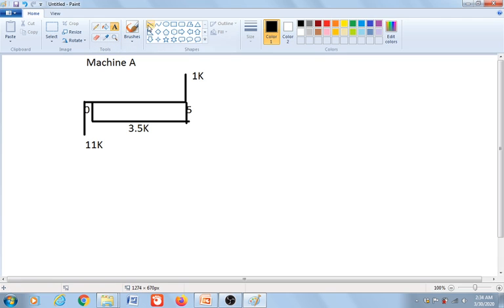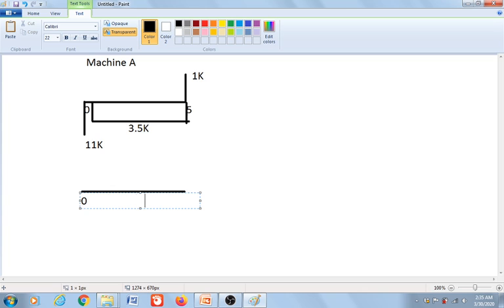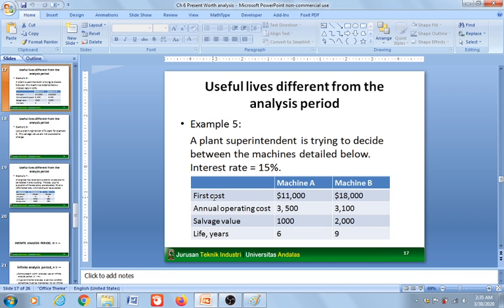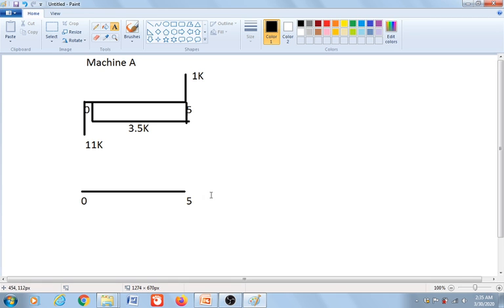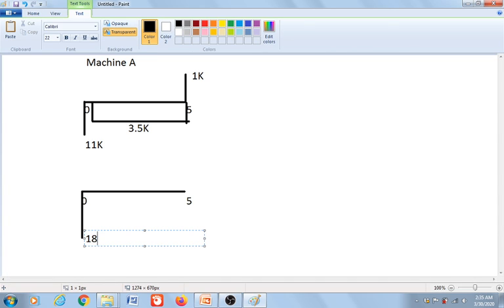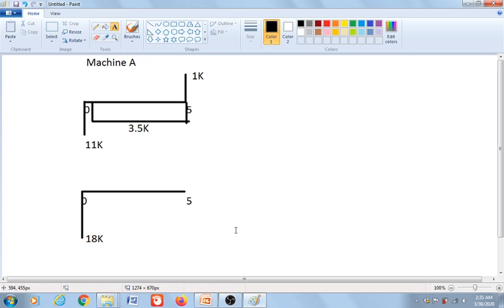So for machine B, we will have year 0 till year 5. And for machine B, the first cost is 18k. So this will be 18k. The salvage value is 2k.